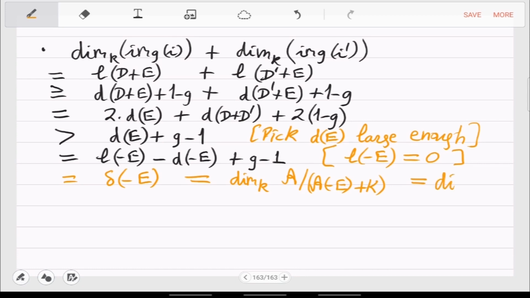So that means it's also the dimension of omega minus E. Right. So what have we shown? We have shown that the two images sum up to more than the dimension of the range. So we are done.